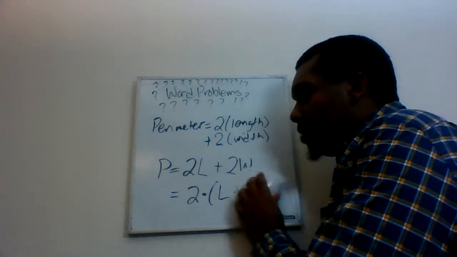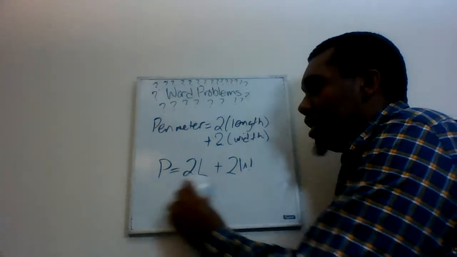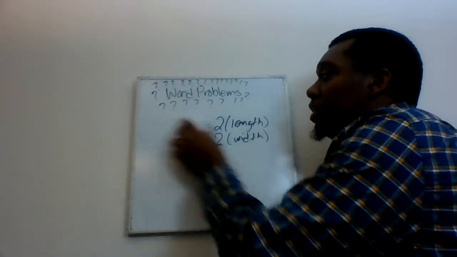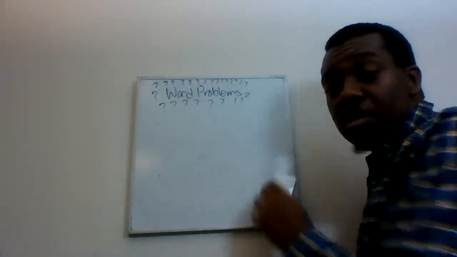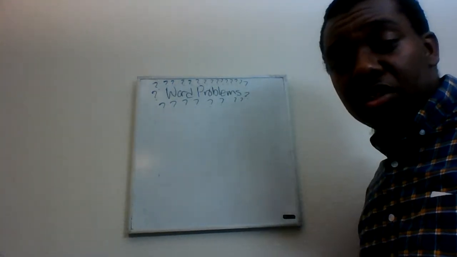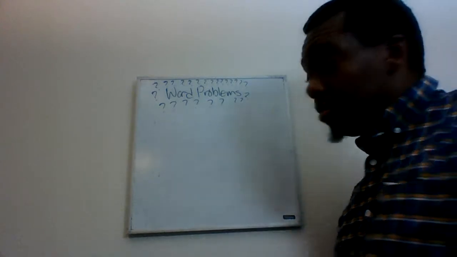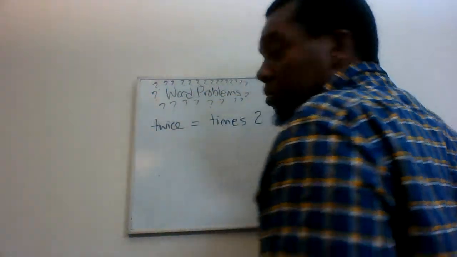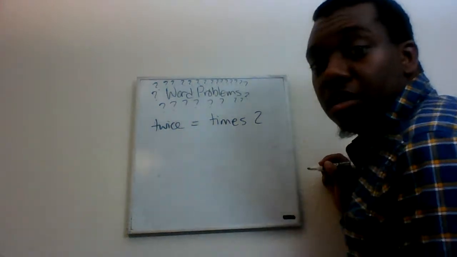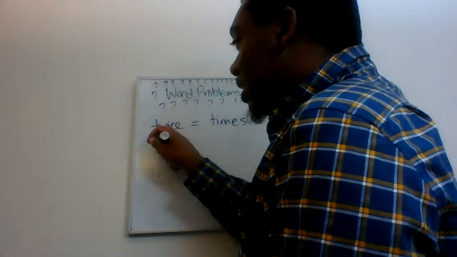Okay, cool. Well, it's important to know with this then a few key words so that you don't get slipped up. For example, I use one of them, the word twice. Twice means times 2. Okay. There's also another word that's similar to twice, and it's called thrice.